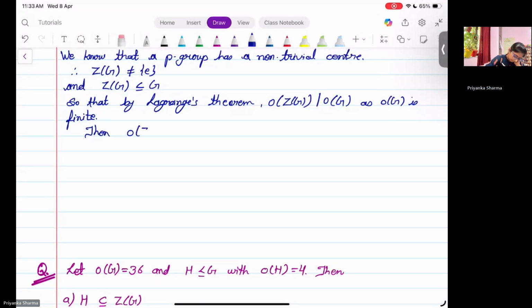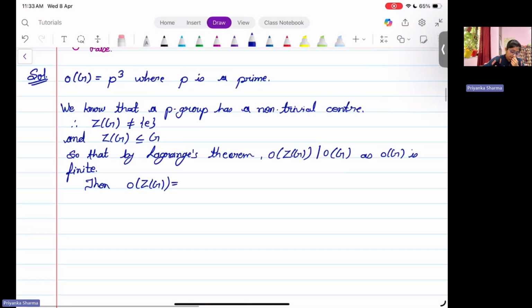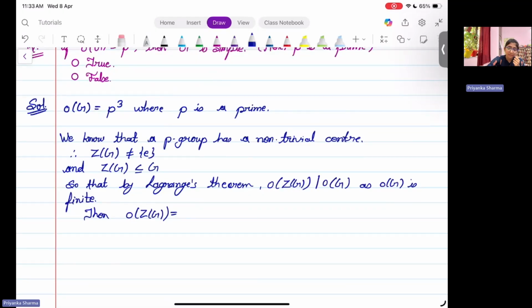Then the order of Z(G) can be divisors of p^n, but it cannot be 1. Otherwise, Z(G) will be the trivial subgroup, the identity one, and that is not possible.